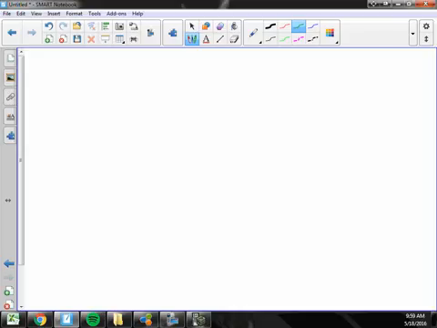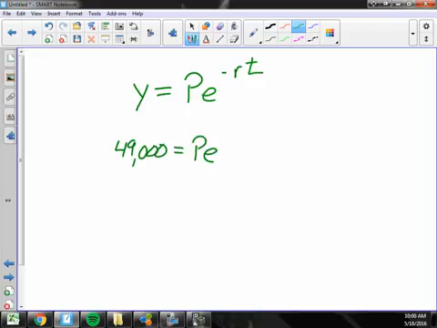Okay. I'm going to simplify the equation on number 1 to y equals Pe to the negative rt. After 2 months, the value of the copier is assumed to be 49,000. So 49,000 equals Pe.